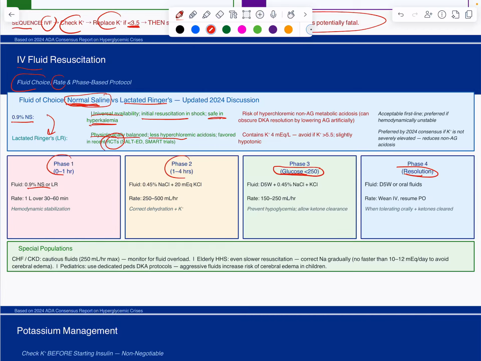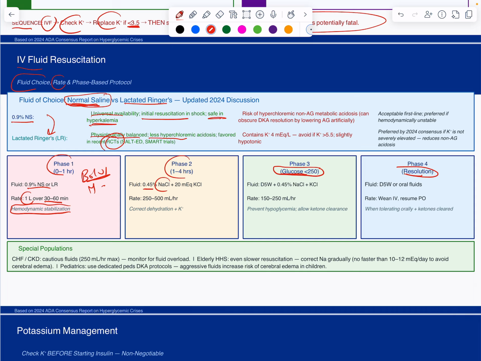Rate: initially you'll give a bolus, then maintenance. How much bolus exactly? You'll give 1 liter over 30 to 60 minutes, and this is mainly hemodynamic stabilization. This is the most important point in the whole resuscitation. Phase 2, you can drop the NS to 0.45% sodium chloride.